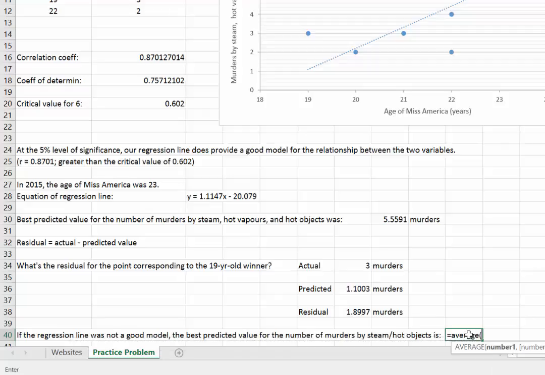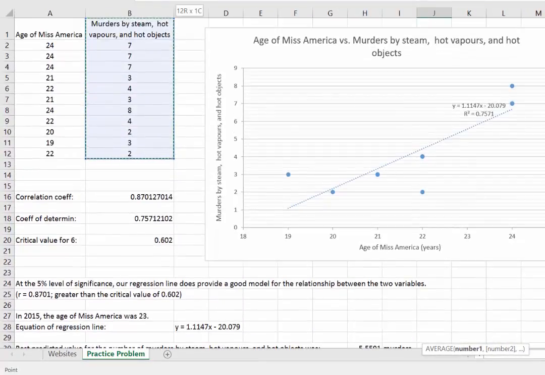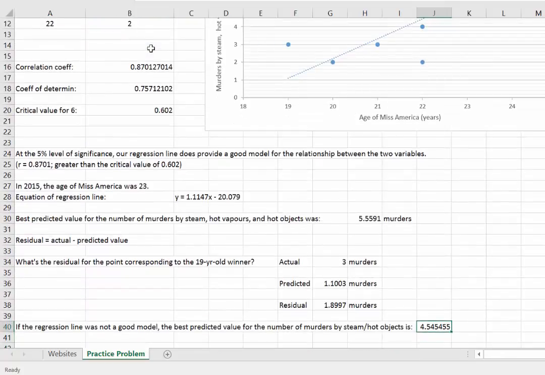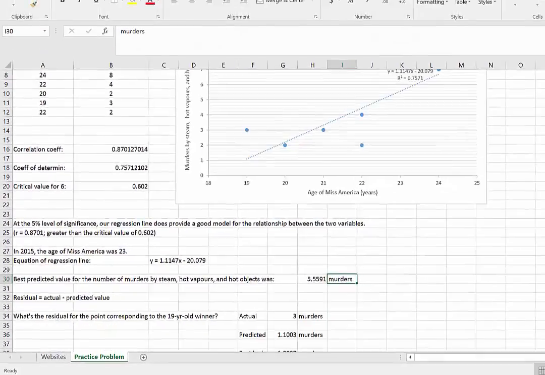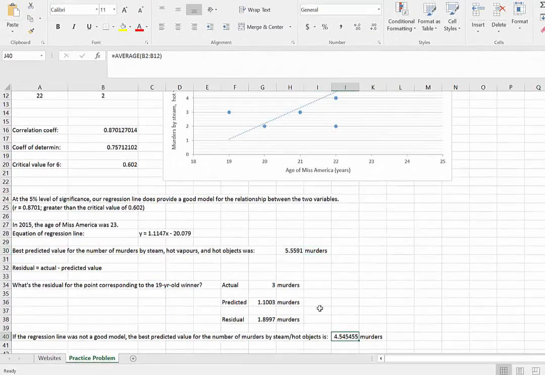So I'm just typing average and then highlighting the Y values. Okay, so about 4.54 murders. And you can change the number of decimal places. I really should probably use 1 decimal place, and these as well.